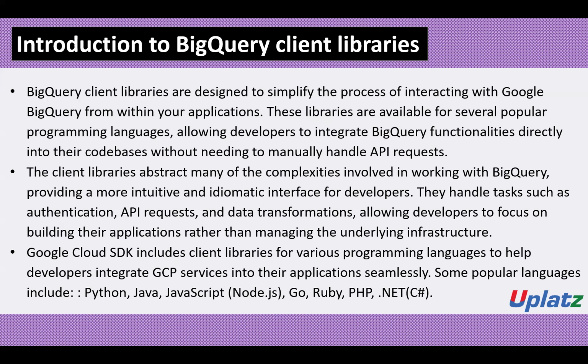BigQuery client libraries are designed to simplify the process of interacting with Google BigQuery from within your application. The Google Cloud SDK includes client libraries for various programming languages to help developers integrate GCP services into their application seamlessly.